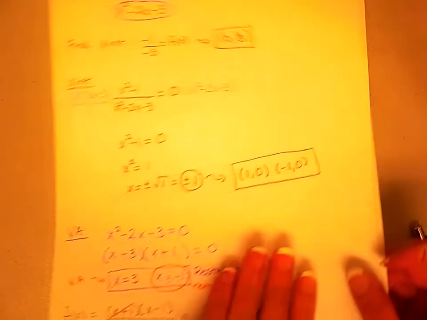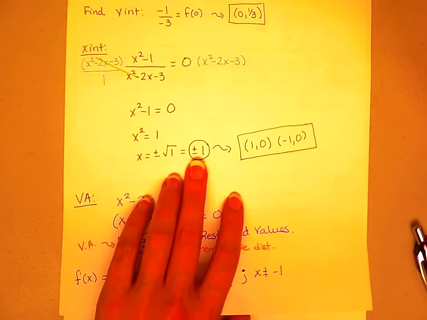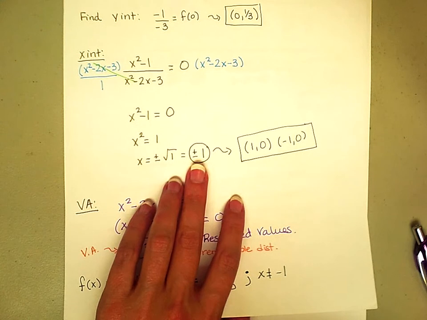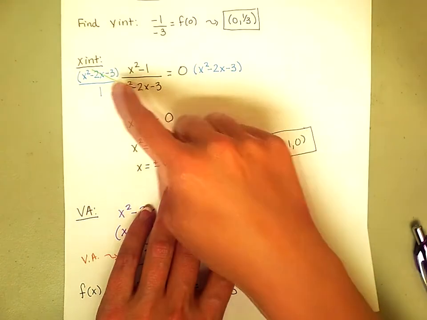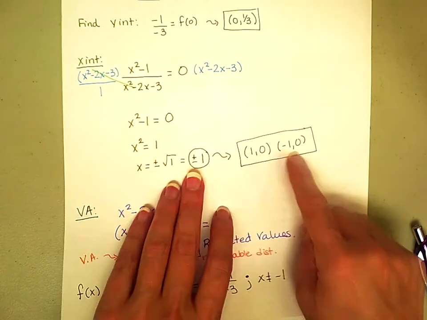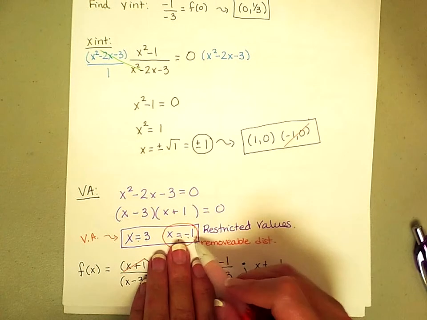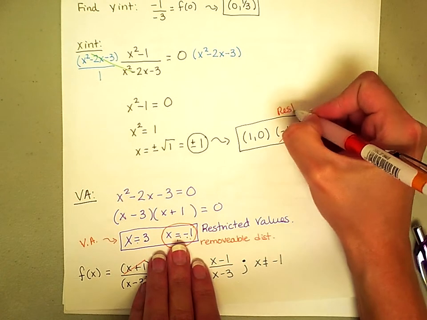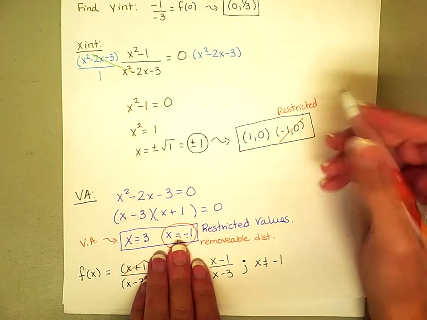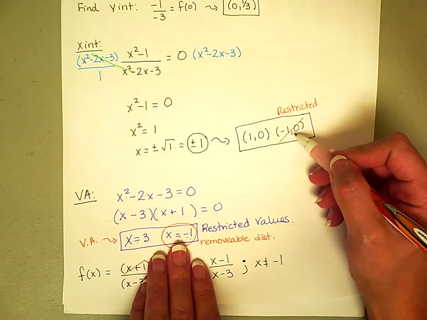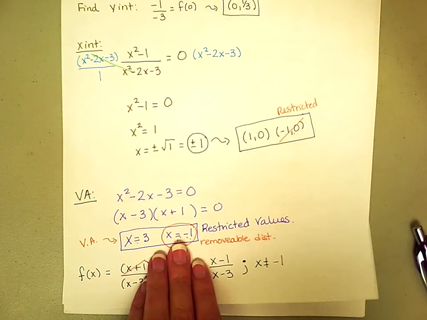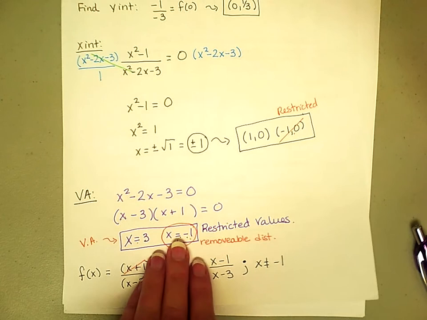So one thing that we did is when we found our x-intercepts, notice we had not determined what our restricted values were, nor if this was in lowest terms. And it turns out this negative 1 is part of the restricted values. So in fact, it's giving us a false x-intercept, but there's a restricted value there, because it's a removable discontinuity.